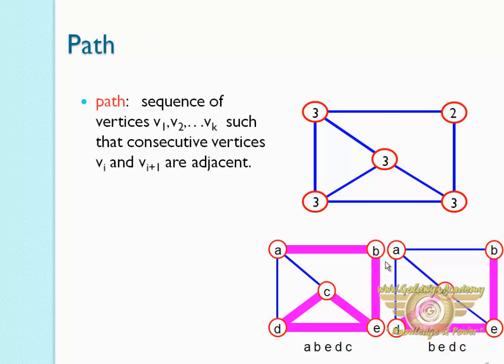Path. A path is a sequence of vertices V1, V2 up to Vk such that consecutive vertices Vi and Vi+1 are adjacent. Here, consider this diagram. ABEDC is a path, and in the second diagram, BEDC is a path.